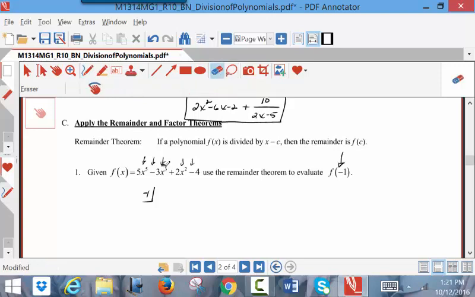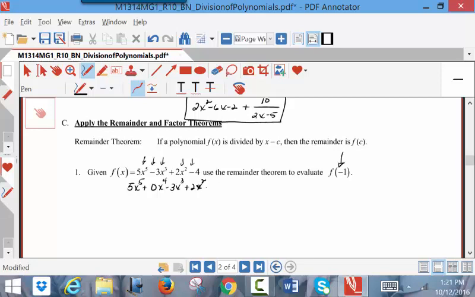So really what this is written as is 5x to the fifth plus, I'm going to force an x to the fourth term in here and just put a 0 on it. I'm forcing another term in there by just throwing a 0 on it. Then I have minus 3x cubed. I have an x squared.